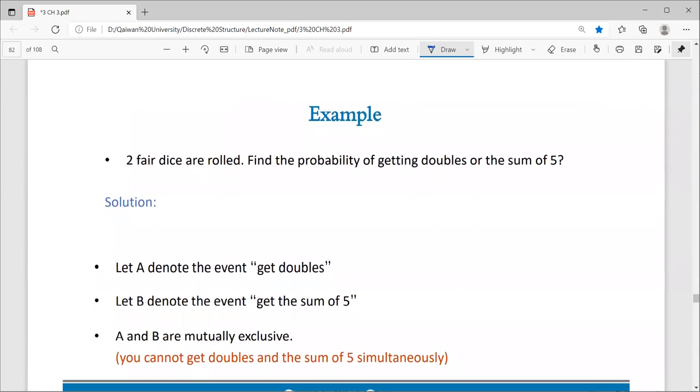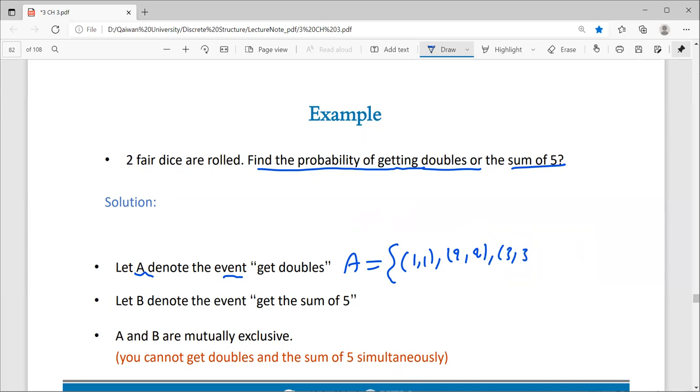Now you have an example. It says two dice are rolled, find the probability of getting doubles or a sum of 5. Let's first write down the doubles and those with a sum of 5. Here, for the doubles, we let A denote the event of getting doubles, so A equals, it's easy to write down: 1 1, 2 2, 3 3, 4 4, 5 5, and 6 6.